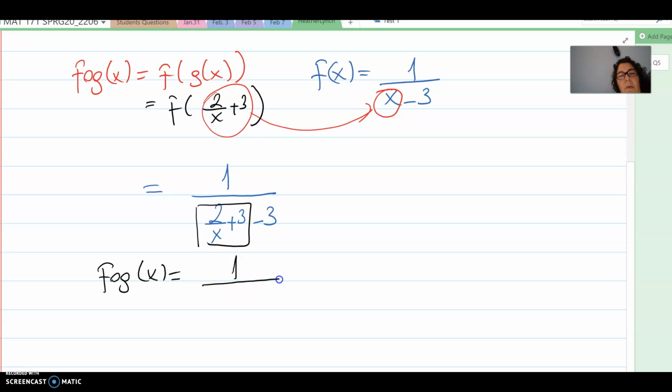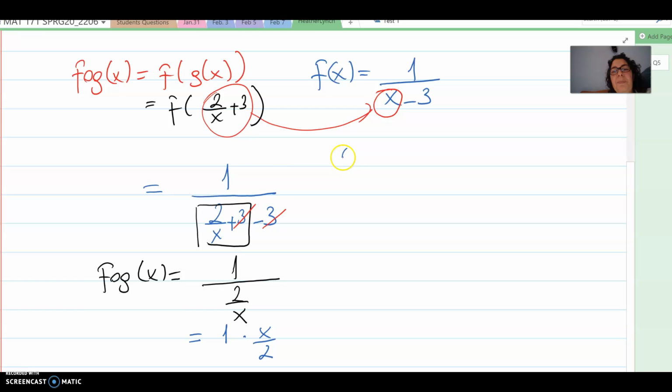All right, so 1 over, these 3s will be gone, 2 over x. Keep, change, flip. That's an operation. Keep 1, change this division into multiplication, and flip 2 over x to x over 2.